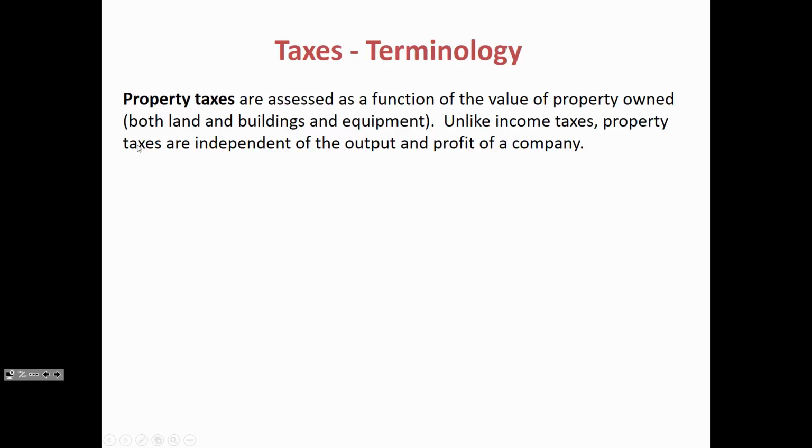Property taxes are independent of what you're doing with the output of the property, with an exception. Sometimes property that's being used to produce rental income is taxed at a different rate than owner-occupied property.